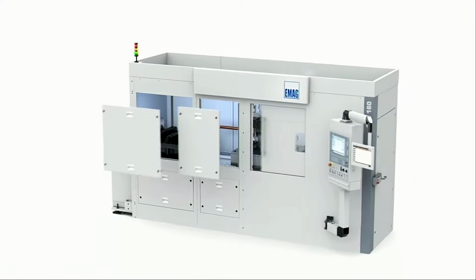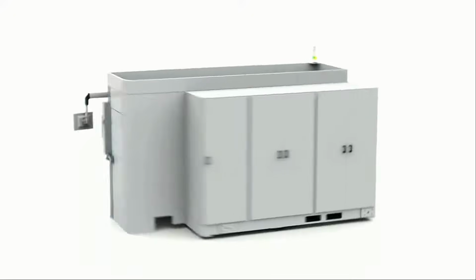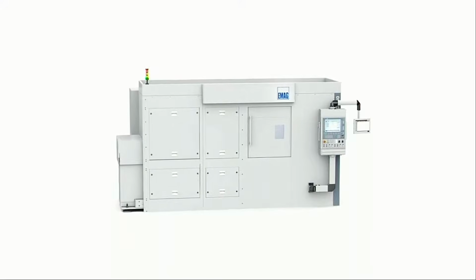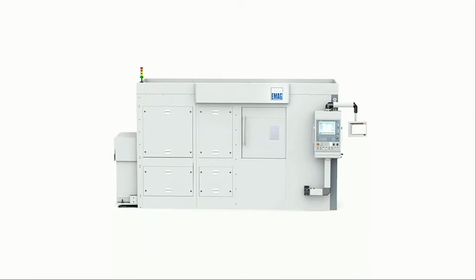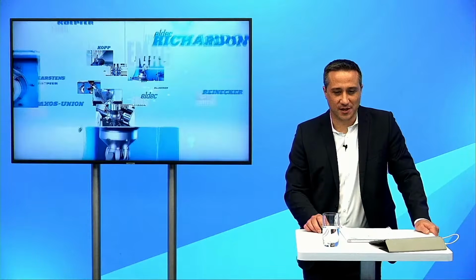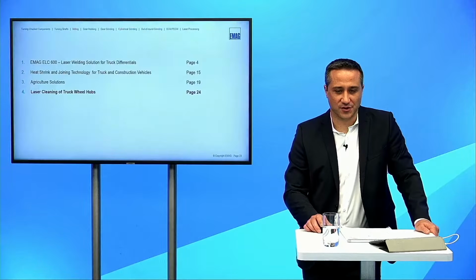So very compact and flexible machine, and we always try to make it possible to fit to your requests. So this is, again, I would say our bread and butter machine, and this is our goal, to at the end make it happen that we fit to your request.